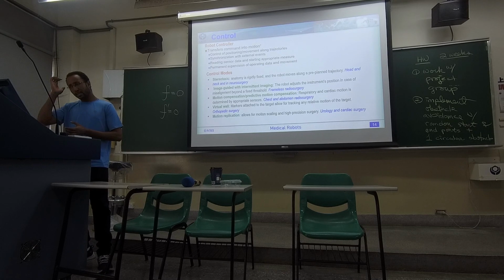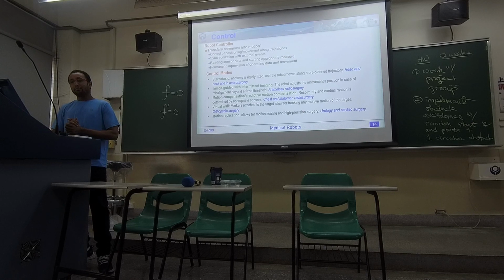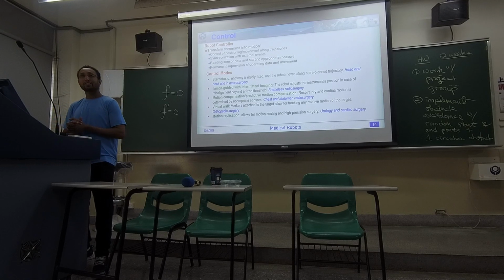The robot adjusts the instrument's position in case of misalignment beyond a fixed threshold, for example frameless radiosurgery. Then motion compensation or predictive motion compensation for chest and abdomen radiosurgery, virtual wall for orthopedic surgery, and motion prediction replication for urology and cardiac surgery. These are the 5 groups of control modes for medical robots.